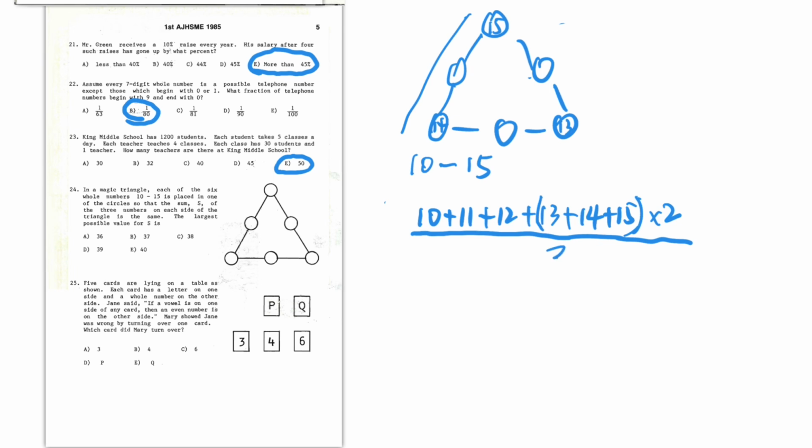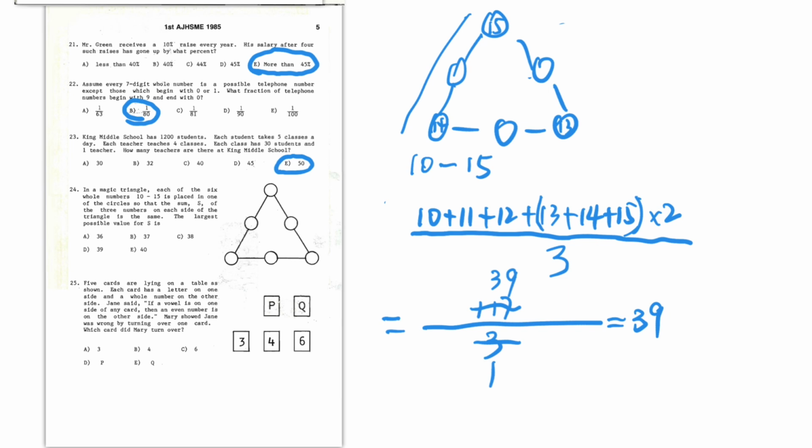Divided by 3, that's the 3 sides. The numerator is 117. The denominator is 3. Cancel 3, that's 3, will be 9, and 27 is 9. The answer is 39. That is the largest sum of one side, S.